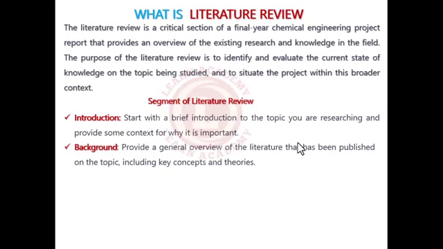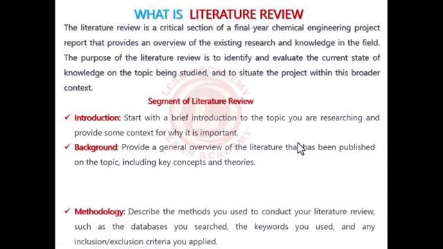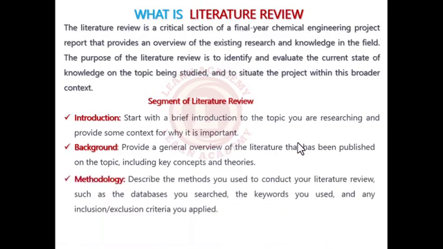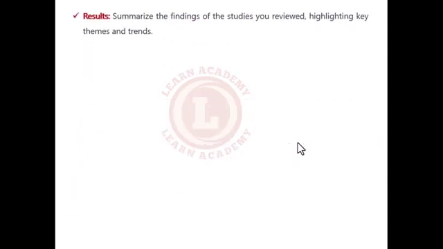Background. You provide a general overview of the literature that has been published on the topic, including key concepts and theories. Three, methodology. You describe the methods you use to conduct your literature review, such as the databases you searched, the keywords you used, and any inclusion or exclusion criteria you applied.